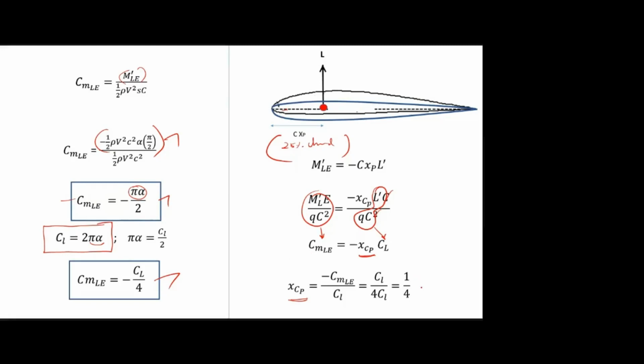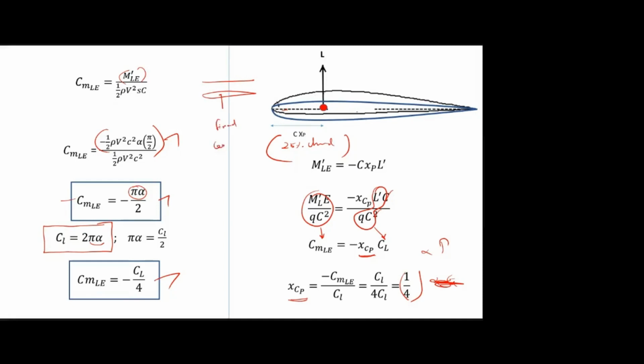So what we understand is this center of pressure calculation has a constant value, 1 by 4, 0.25. There is no alpha term, CL term and all. If there were any alpha term, then we could say as alpha changes, this XCP also changes. But now it is constant. So what do we understand? For the thin symmetrical airfoil or the flat plate, the XCP is fixed.